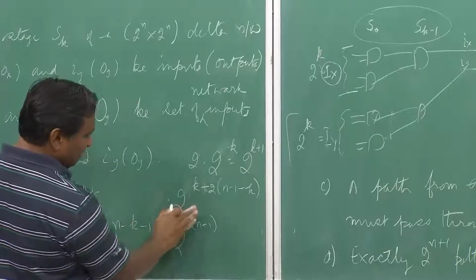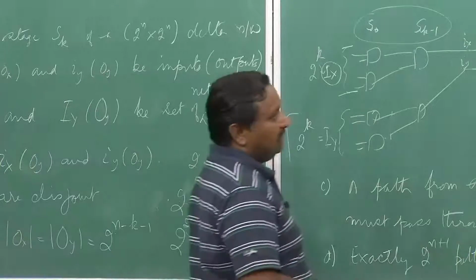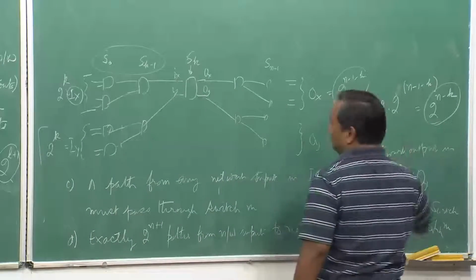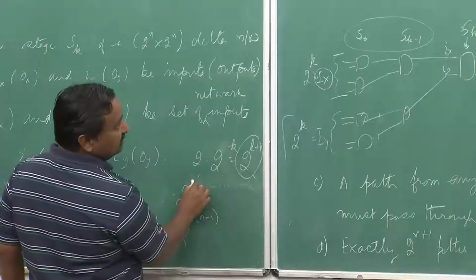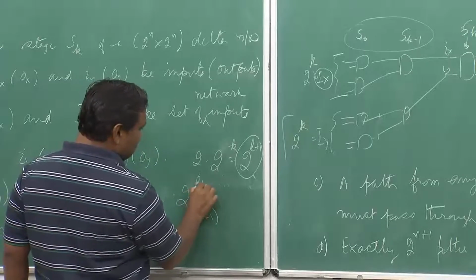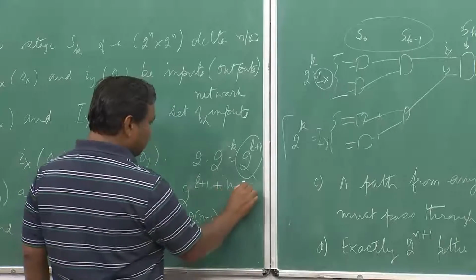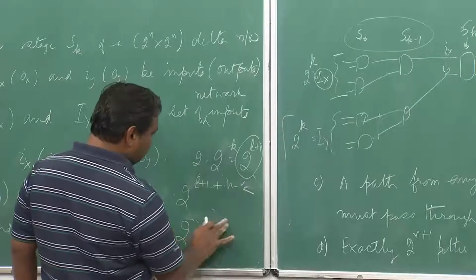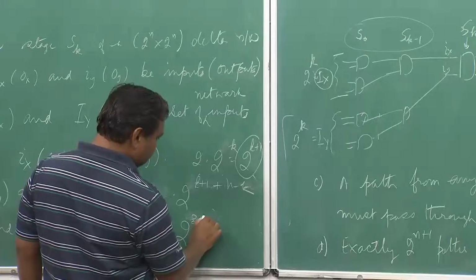So, when I am actually taking this into this, it will be the total number of possible paths which can exist. It will be 2 raised power k plus 1 plus n minus k, which will give me 2 raised power n plus 1.